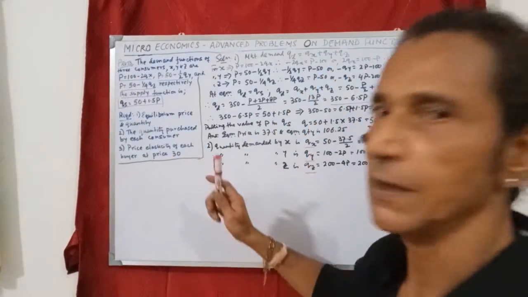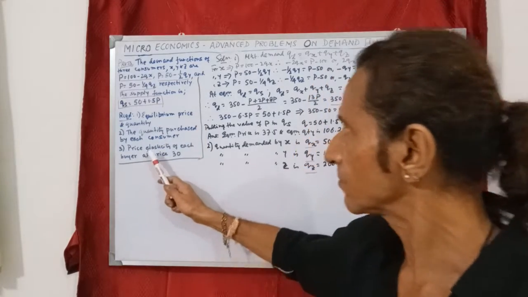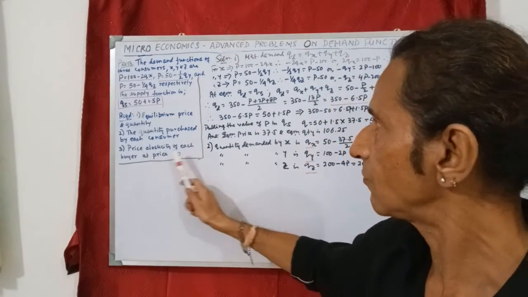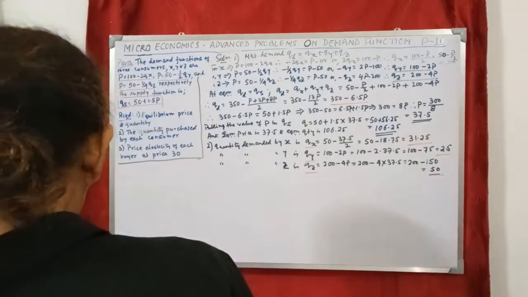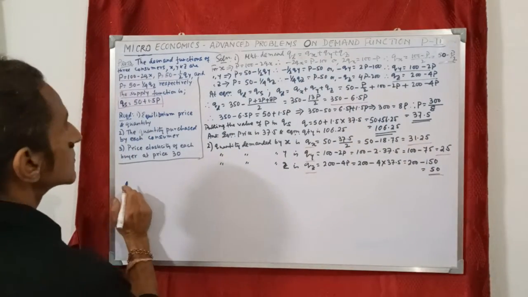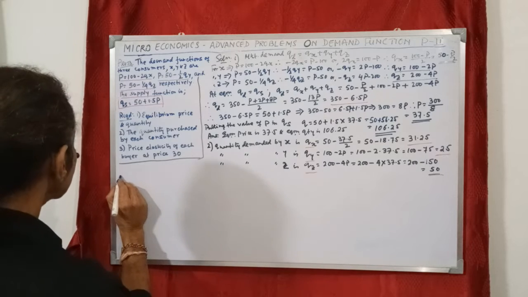Now come to part 3. What is part 3? Price elasticity of each buyer at price 30. I am doing part 3 here.